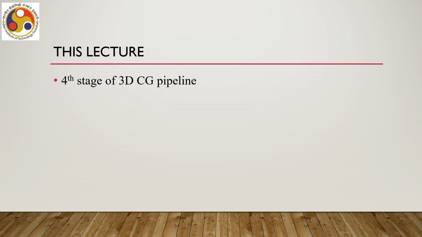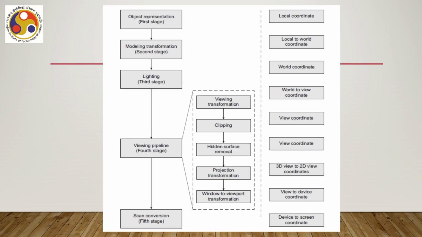In this part of the lecture, we are going to talk about the fourth stage of the pipeline, that is view transformation. So, just to put things into perspective, we have this 3D graphics pipeline. Here we have object representation, the first stage, which takes place in the local coordinates reference frame.